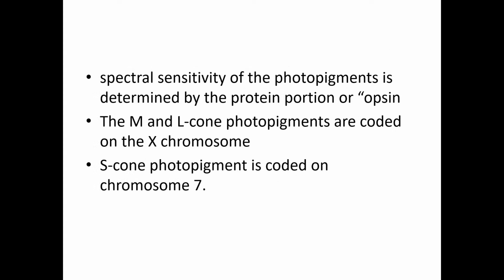Spectral sensitivity of a photopigment is determined by the protein portion of the opsin. So each photopigment has its own opsin, red, blue and green different. The M and L cone photopigments are coded on the X chromosome. You have to remember this. So M and L are on the sex chromosome, the X chromosome, and the S cone photopigment is coded on chromosome 7.